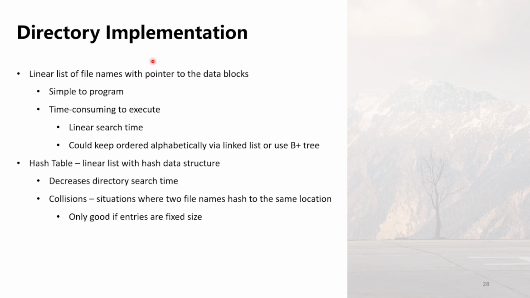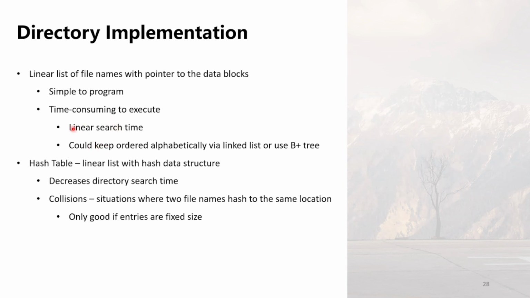This method is a form of linear list approach. It is simpler to implement, but performs poorly in terms of efficiency, such as when adding or removing files. When we want to add or remove a file, searching for the target in such a directory structure takes linear time.